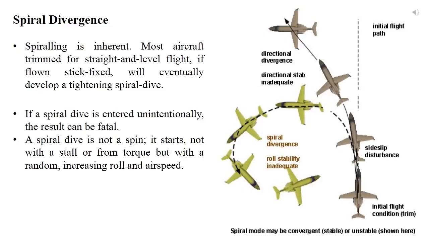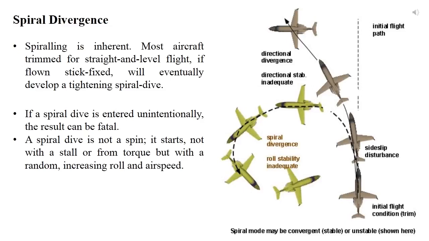Spiral divergence. Spiraling is inherent. Most aircraft trimmed for straight and level flight, if flown stick-fixed, will eventually develop a tightening spiral dive. If a spiral dive is entered unintentionally, the result can be fatal. A spiral dive is not a spin.